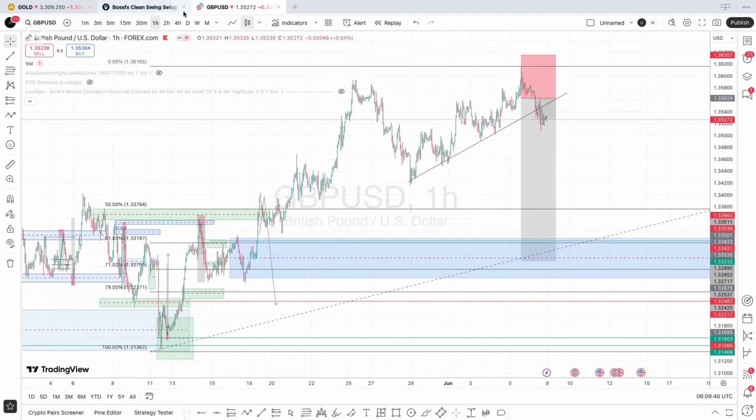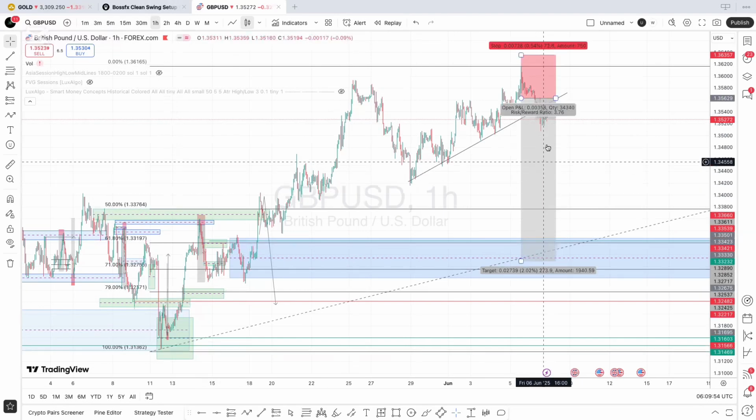As I highlighted from the daily time frame, the Fibonacci retracement went from the higher high to the higher low, which was our swing high and low. Let's just take a confirmation of this retest here.